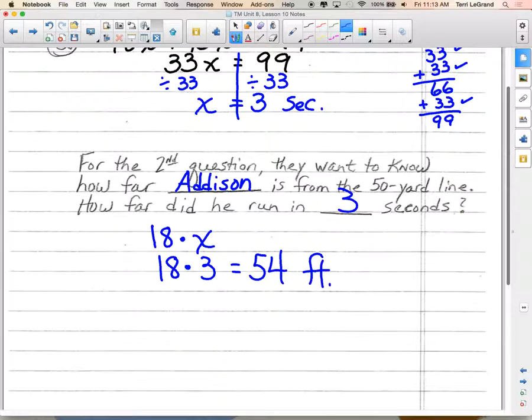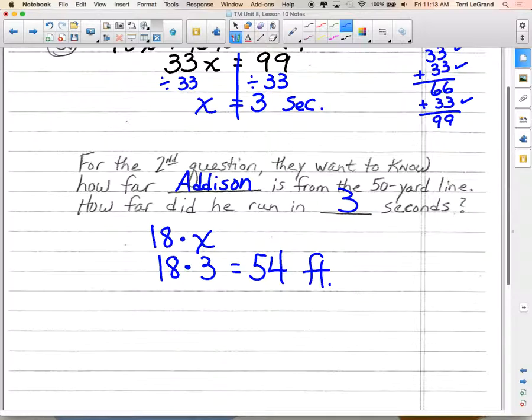Okay. Well, let's just quickly see if this seems reasonable or not. Remember, altogether they're going to cover 99 feet. Is this more than half of 99? Half of 99 is really close to 50, and 50 is half of 100, and this is more than 50, so this is more than half, isn't it?